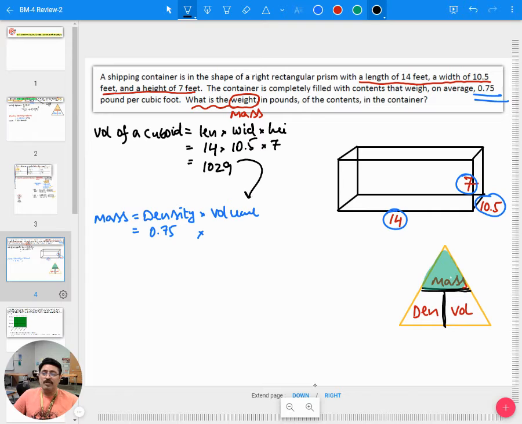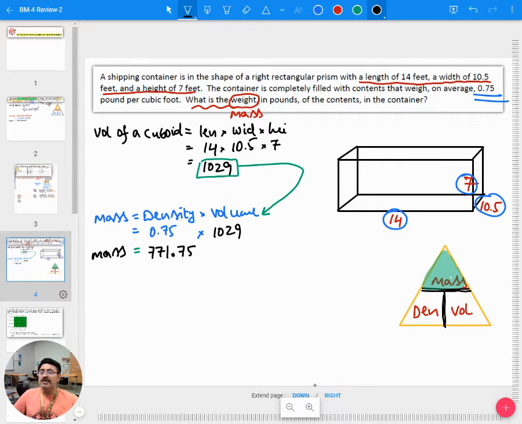Now that volume is to be plugged in here. 1029. Again, I'm repeating, whatever volume you got is to be copied here. Now 0.75 times 1029 is 771.75. That's the mass.